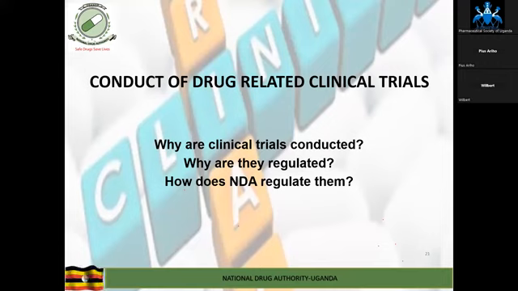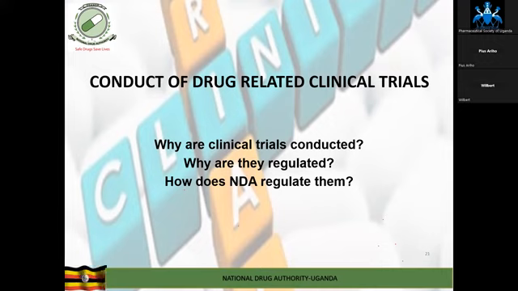So pharmacovigilance is, I think, I don't want to give us the exact section of the act that talks about it, but for clinical trials, I think it is section 31, section 40 of the National Drug Policy and Authority Act that talks about National Drug Authority being the body that will authorize conduct of clinical trials relating to drugs.